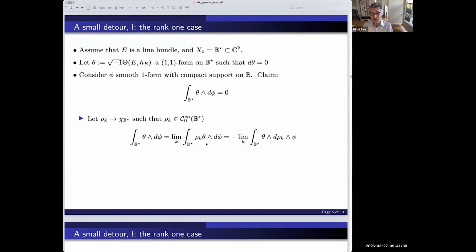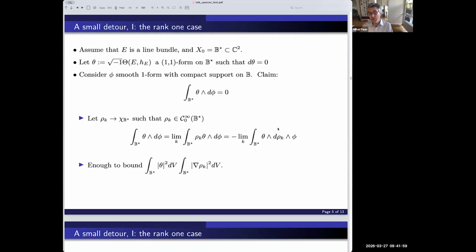Because it's absolutely convergent. And then since theta is closed, and the support of rho_k is outside the origin in the ball, you can integrate by parts. So now you have this limit to evaluate.